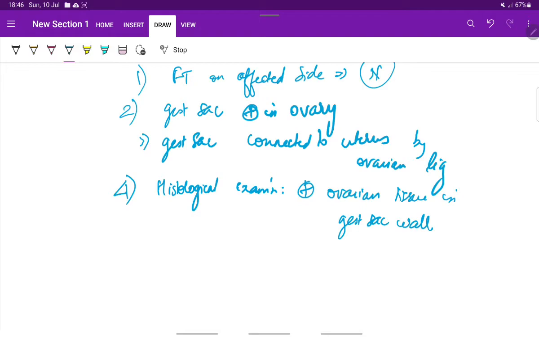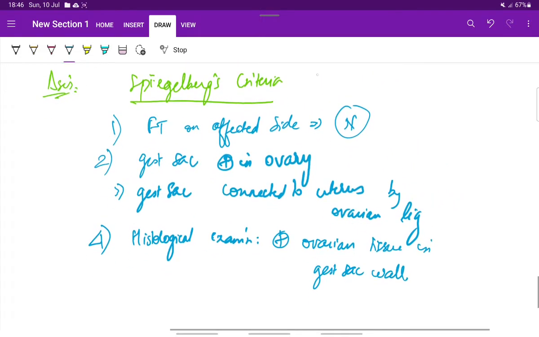These are all the criteria, that is Spiegelberg's criteria for diagnosis of ovarian pregnancy, and this is done during laparotomy.